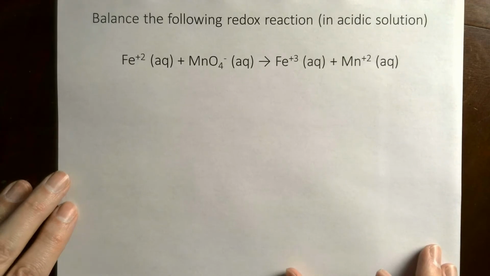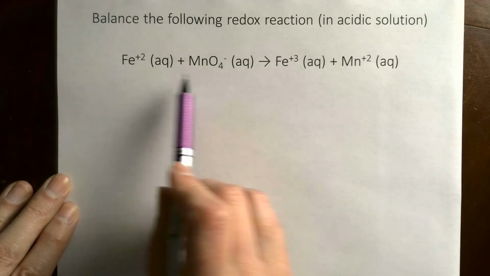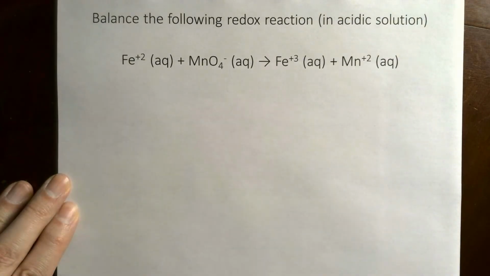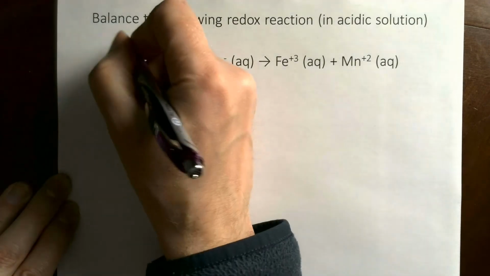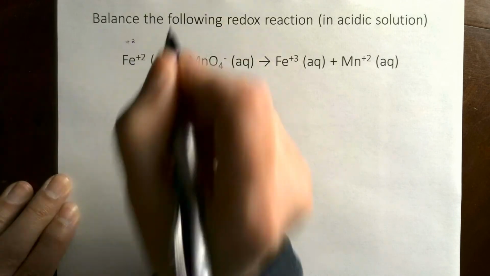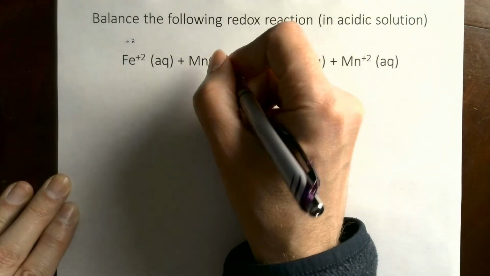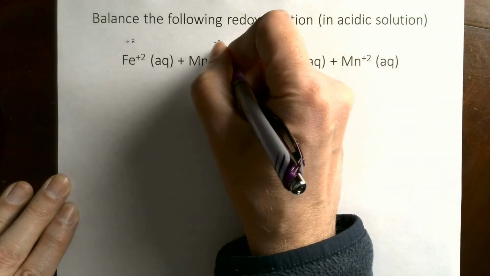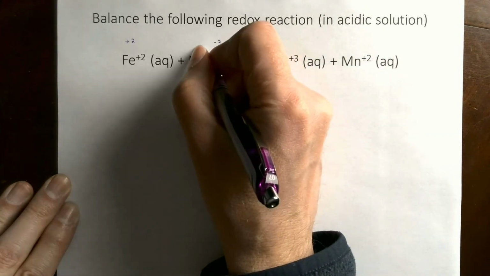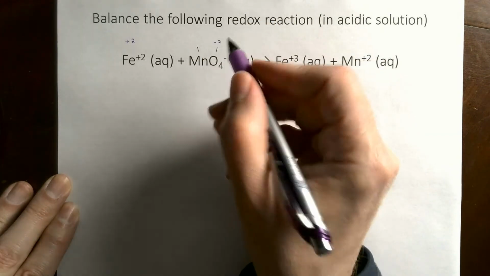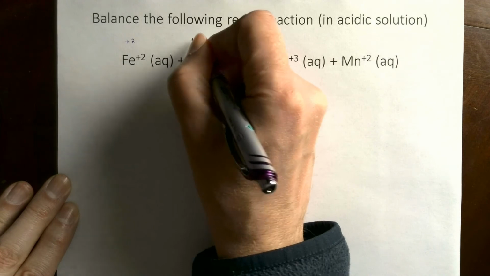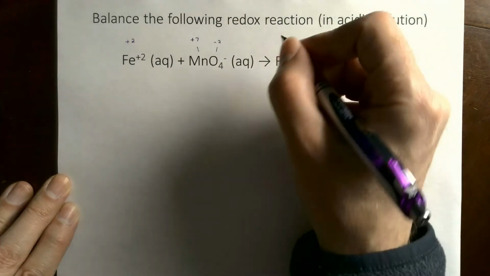Okay, so first thing that I'm going to do is go through and assign an oxidation number to every element that's in this equation. So iron, oxidation number is plus 2. Oxygen's a minus 2. Manganese then, because there are 4 oxygen atoms, manganese has to be a plus 7.